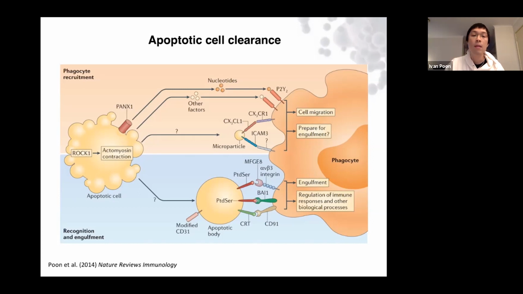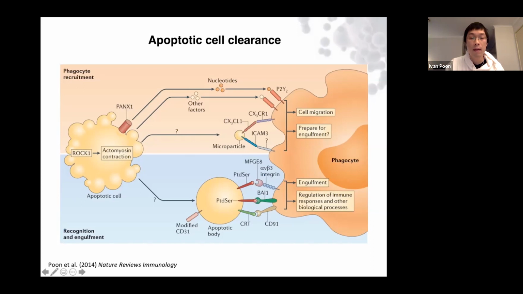Apoptotic cells have some very clever ways of aiding the rapid clearance of themselves. One of them is the ability to release chemotactic factors so they can recruit phagocytes towards where the dying cell is. For example, there can be soluble factors such as nucleotides, and they can also release smaller vesicles for recruitment as well.